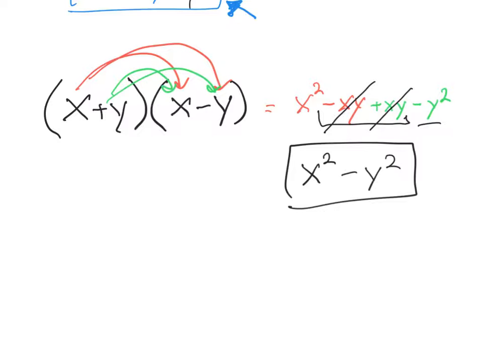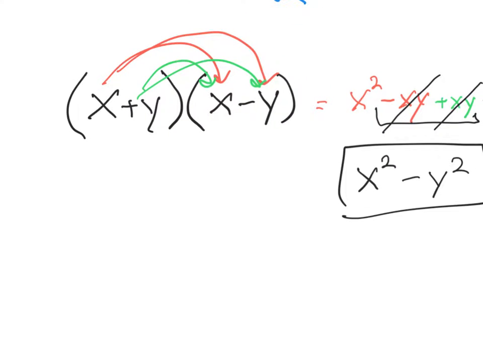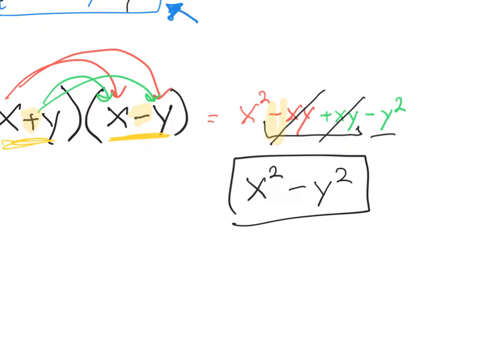So how did we get there? What's the shortcut? If these two things look identical except for the sign in between them, then the middle term will always go away. They will always cancel each other out.